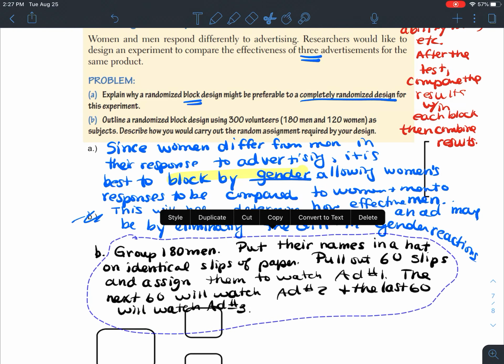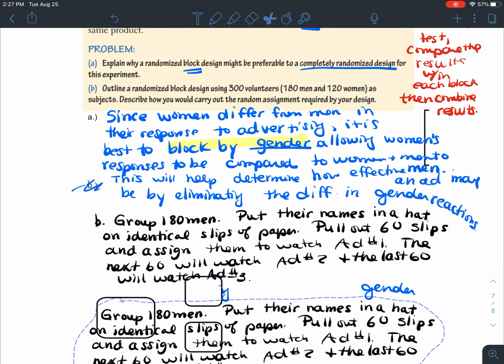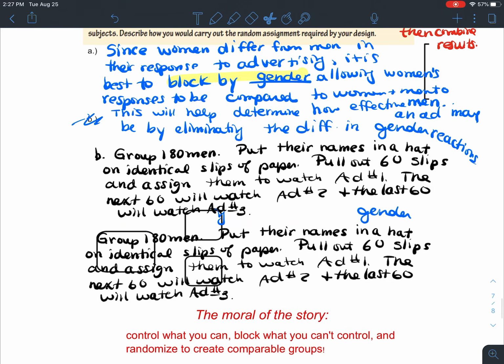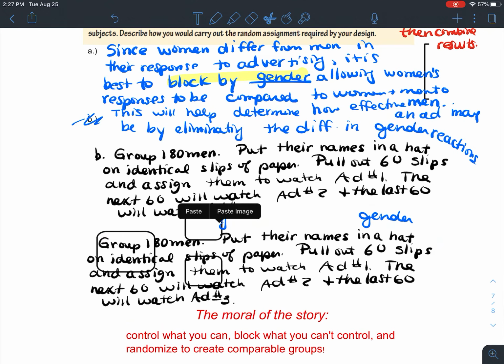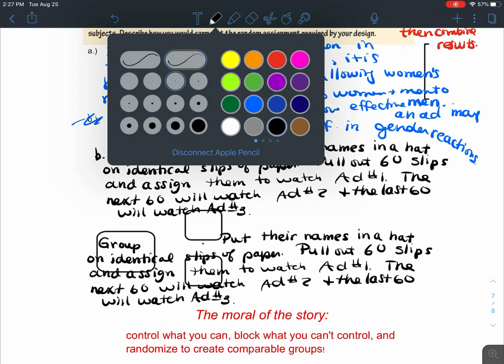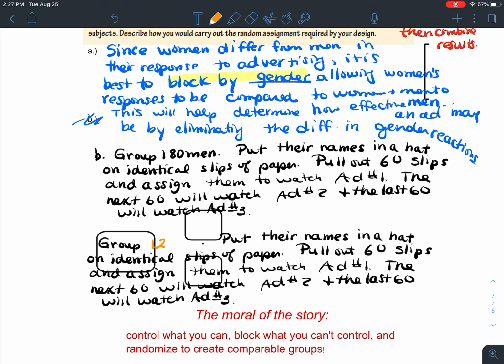Okay, now when I go to explain how I'm going to do this with the women, I'm basically going to do that same thing here, only I'm going to change this so it says group the 120 women, put their names in a hat, and I'm picking out 40 for ad 1, 40 for ad 2, and 40 for ad 3.